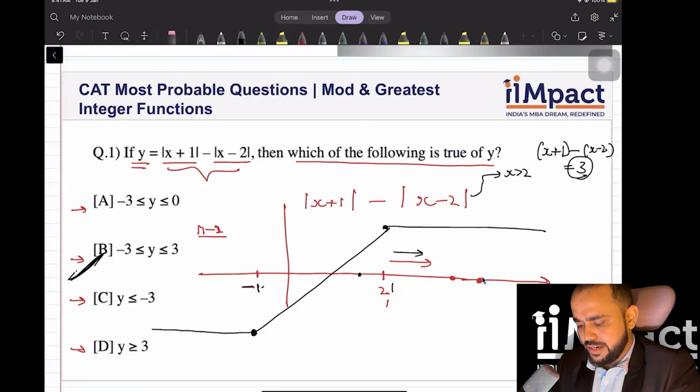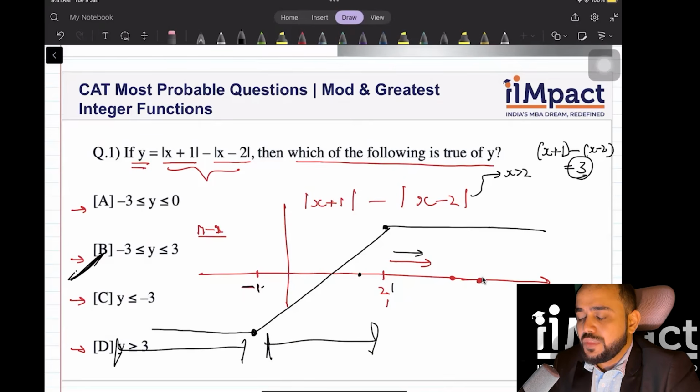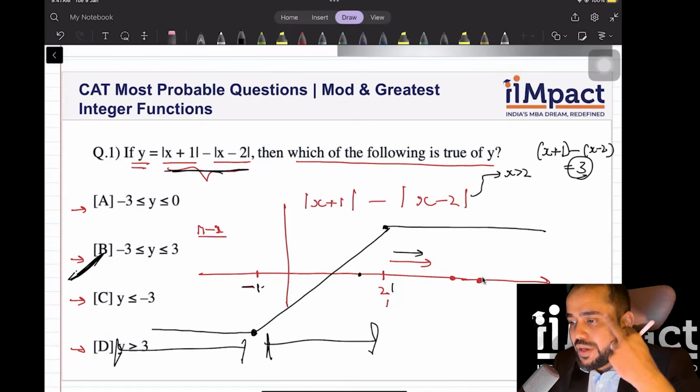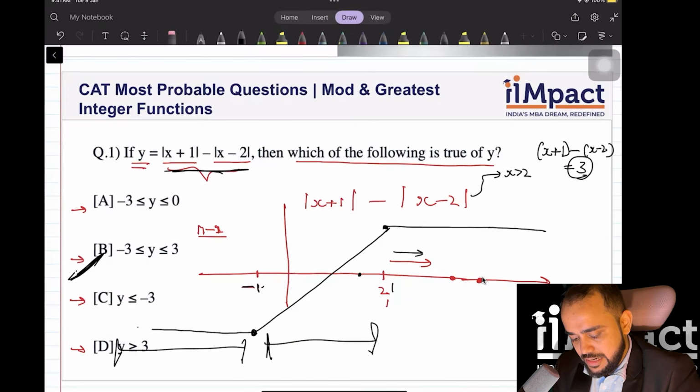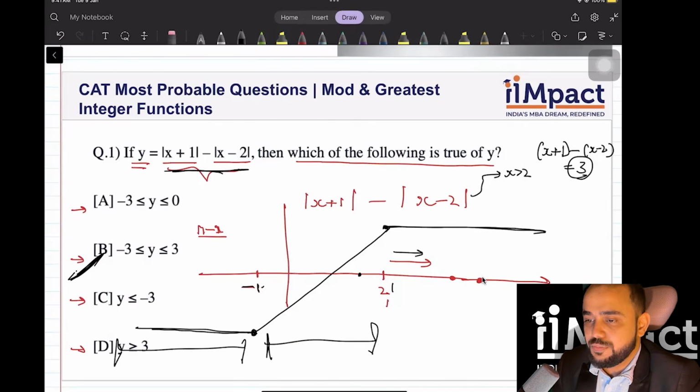You can similarly break it for this section of the domain and this section of the domain as well, and you will find that the answer will match. So the graphical approach will be the go-to here because it gives you the answer clearly. This is something you can make a mental note of, not exactly memorize, but yes, the graph will look something like this. Tilted Z with horizontal sections on the extremes.